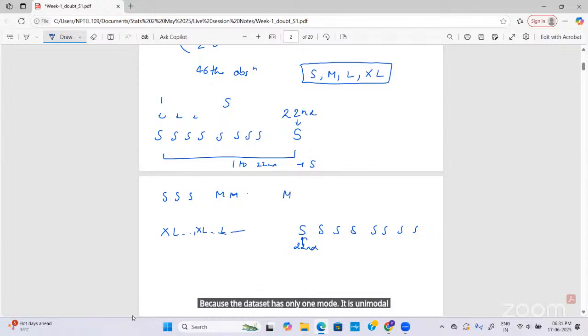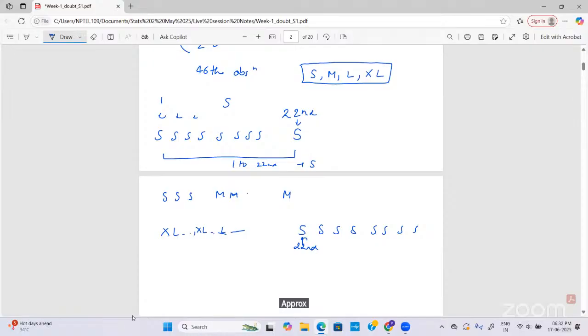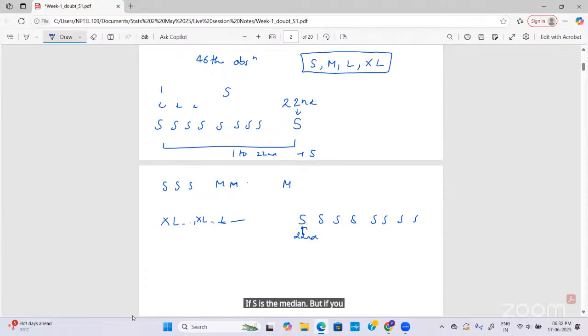Half of the shirts, approximately, are S size. Out of the 43 shirts, 22 are small size, so it will be the mode also if S is the median. But if medium size is your median, then you cannot say anything about that. You got my point?